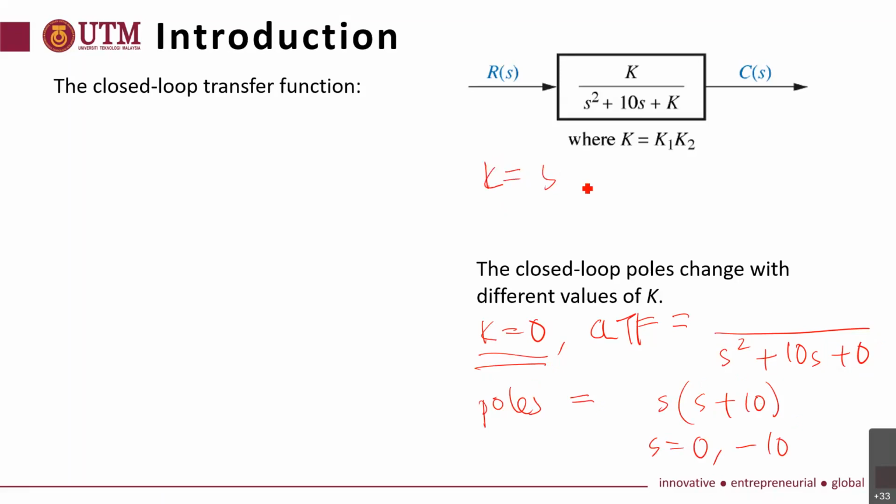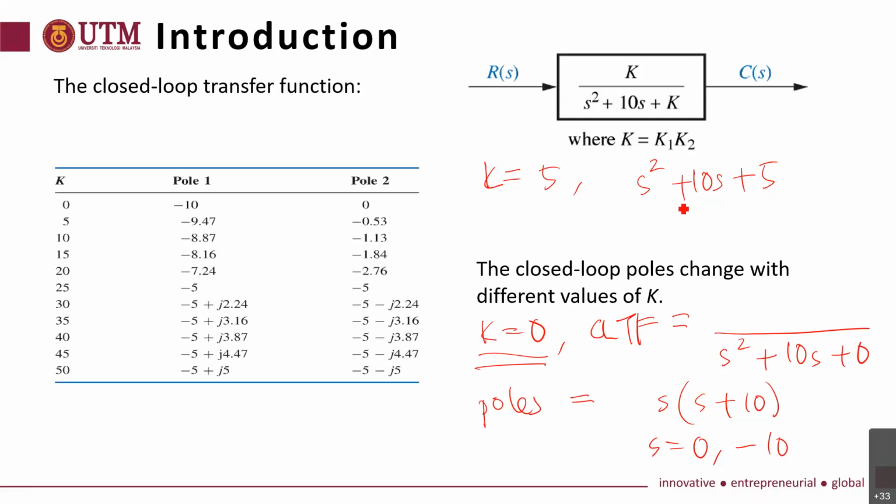When K equals 5, for example, the denominator becomes s squared plus 10s plus 5. Then we can calculate the pole, you can solve by using your calculator. You get the pole, and this is what you get.